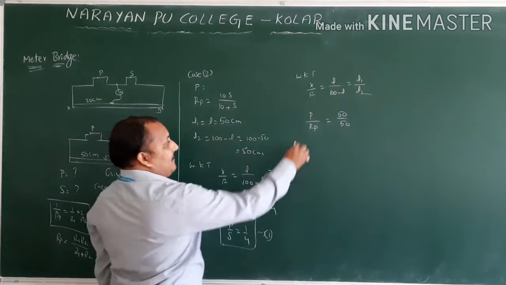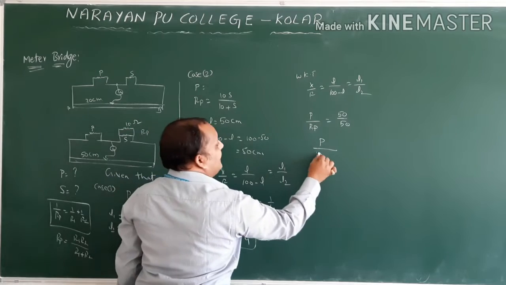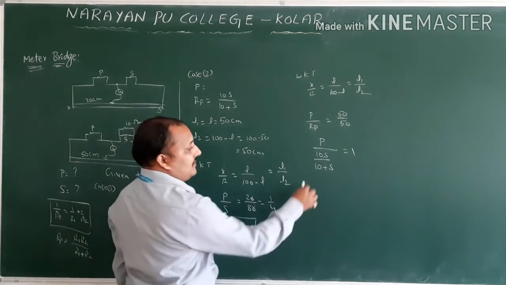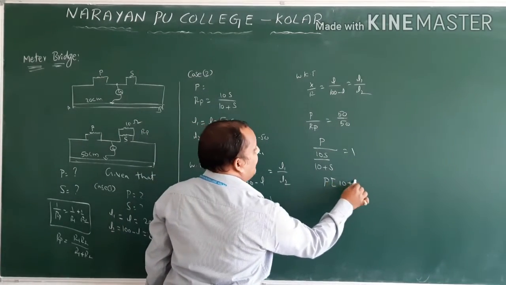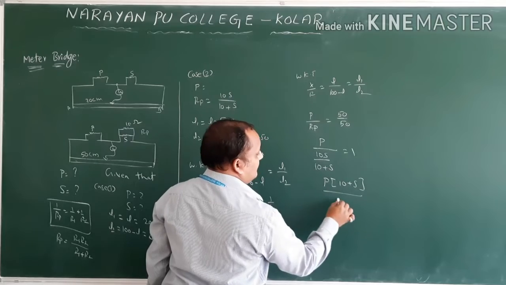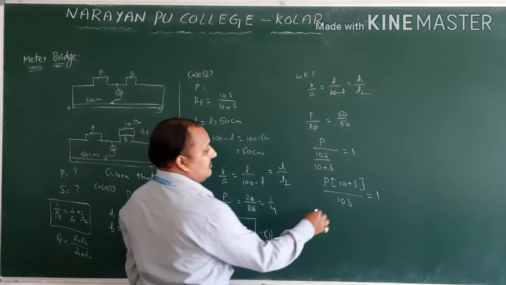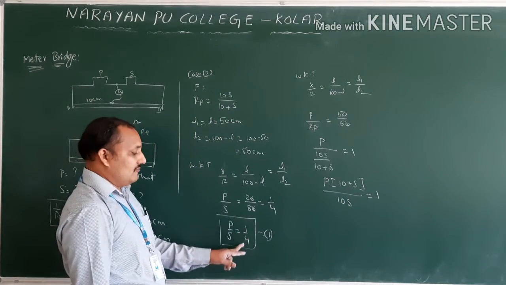50 by 50. So P by, what is RP? 10S by 10 plus S is equal to 1. So this one is going to the numerator: P into 10 plus S by 10S is equal to 1. Okay. So in this, P by S from equation number 1, what can we write?